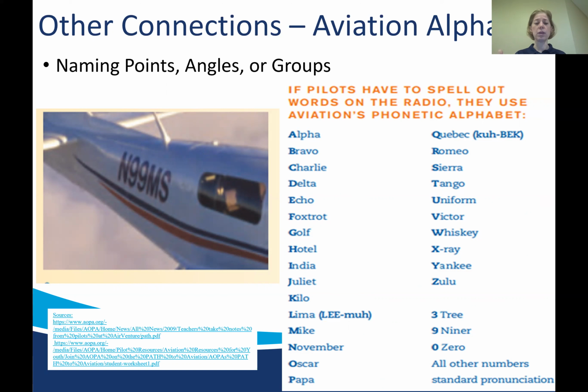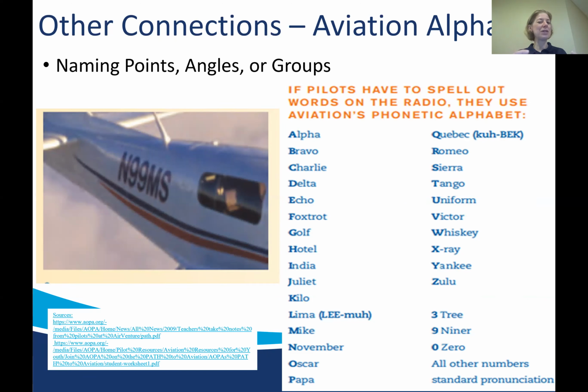Or if you are going to be naming triangles. Another way of incorporating is being able to talk about the tail numbers of aircraft, but also to talk about how airports have 3 letters that identify that airport. So the St. Louis Lambert International Airport is STL. But if you go to Chicago, Chicago O'Hare International Airport is not CHI.